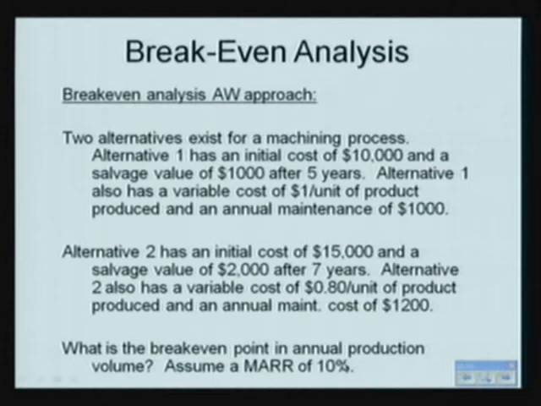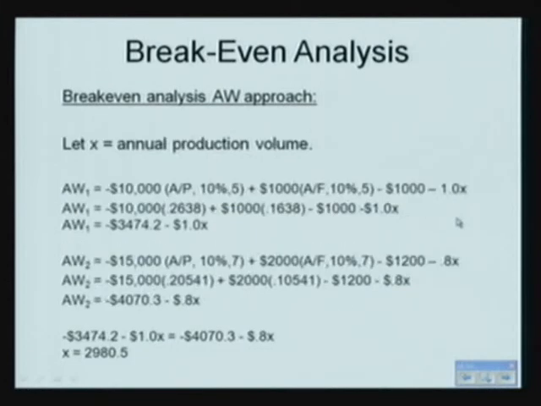So again, I'm going to have to set something equal to something. I'm really going to set the annual worth of this alternative equal to the annual worth of this alternative, with the unknown being production volume. And here we go. We're going to let X equal the annual production volume. So the annual worth of alternative 1 was, I'm going to have to spread the $10,000 initial investment across 5 years.